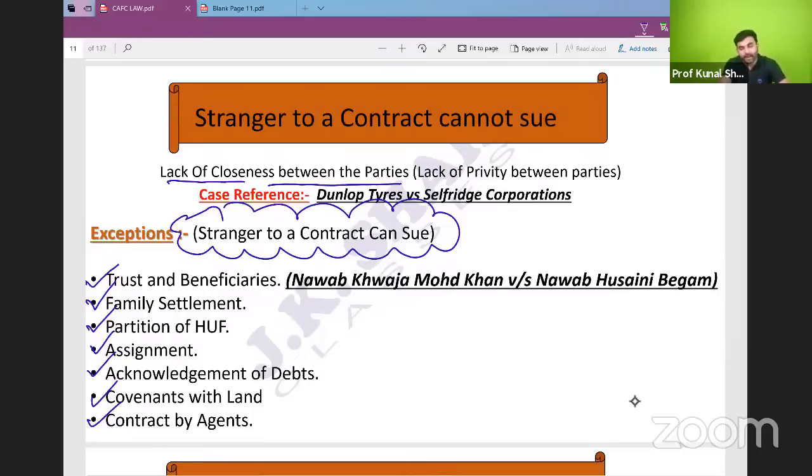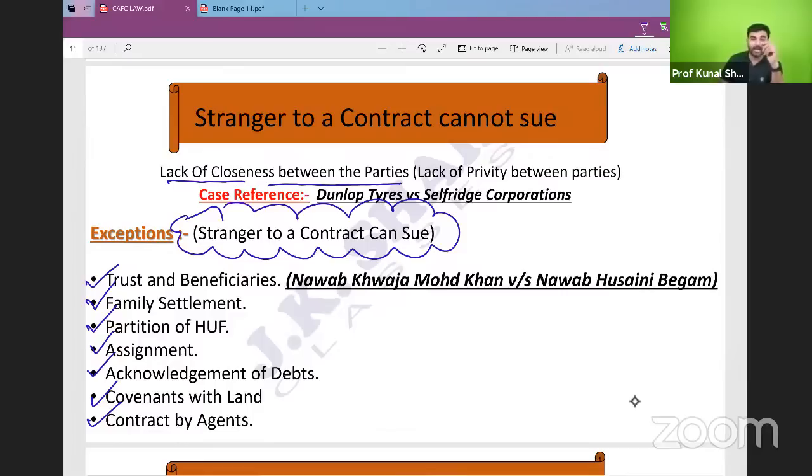The moment Chunnilal died, all his property will get transferred to the legal representative of Chunnilal. So the property is now in the hands of Chunnilal Jr., the legal representative of Mr. Chunnilal. Now Mr. Mark, who had promised to use this property for social activities, is now using that property for commercial activities. Can I say Mr. Mark has committed a breach of contract? Yes, Mr. Mark has committed a breach of contract.